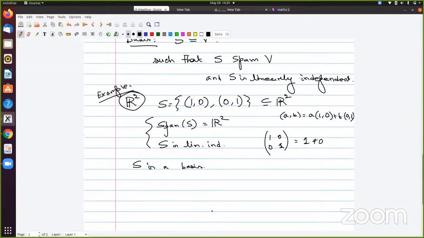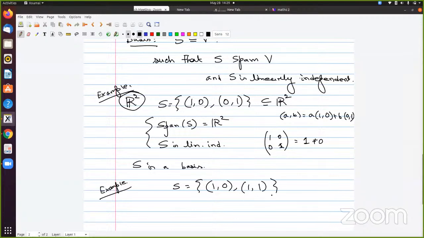Now, my second question: can a vector space have many bases, more than one basis? Can you give me another example of a basis of R2? So (1,1) and (0,1), which we did earlier.